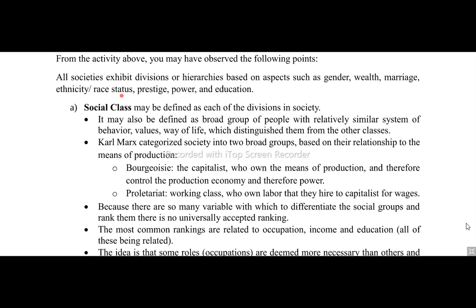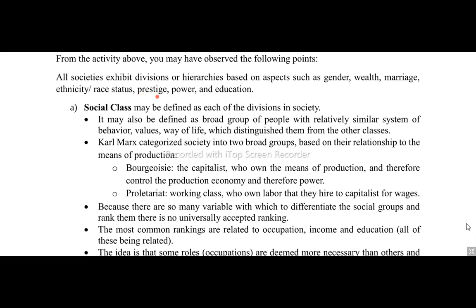We have the principal, the deputy principal, then we have the teachers, we have the chief, we have the president, we have the MP, we have the governor, etc. The different positions. Then prestige. Prestige will come with the position that people hold.